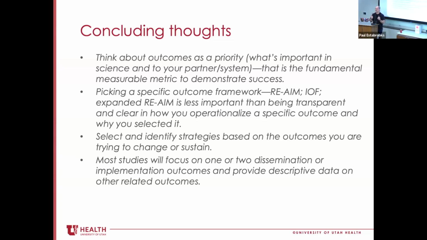So in those cases, you're going to have two that you definitely will be measuring and trying to change. But it's also important to try and get some level of assessment of the other outcomes that may be important over time. So if you're focusing on sustainability, but you don't assess reach, that's going to be a problem for you later on because of the interrelatedness there.